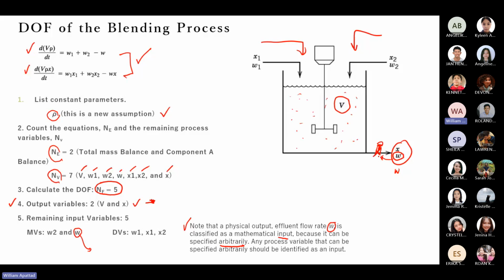So if we manipulate W here, it can bring out another value of W.